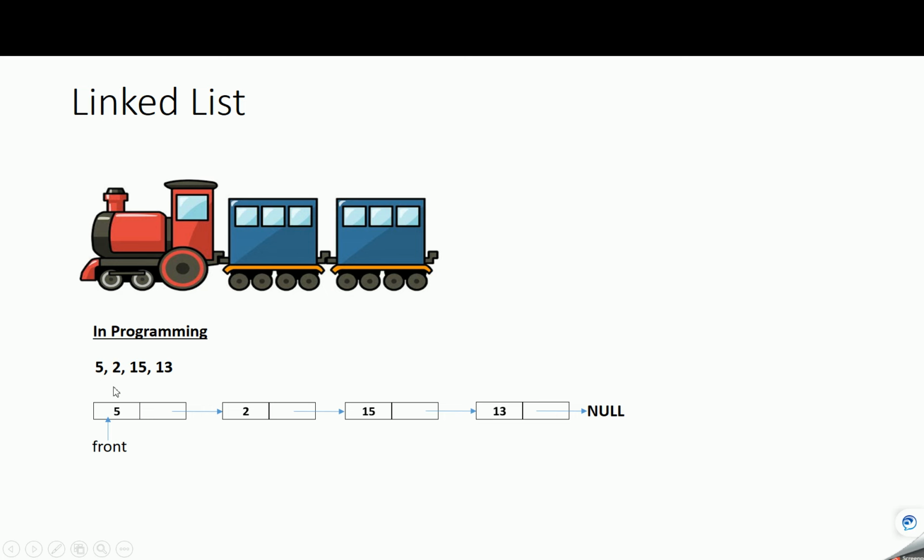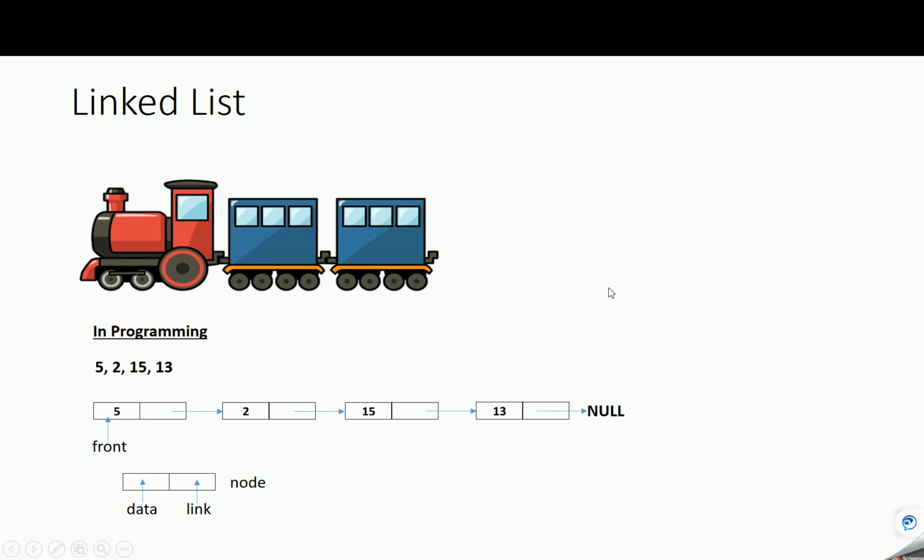This one box in programming is called a node, and it has two parts. The first part is called the data part, where we store the actual value, whatever value we have, and the next part is called the link. This link will contain the address of the next node, so it will point to the next node.